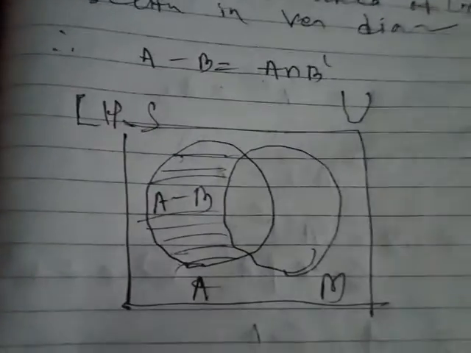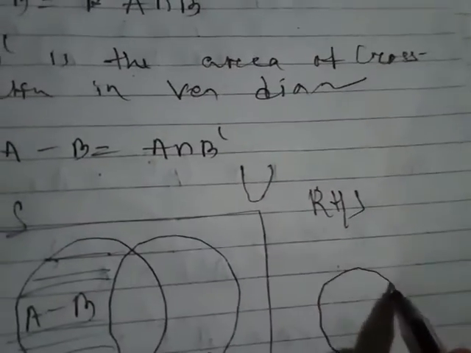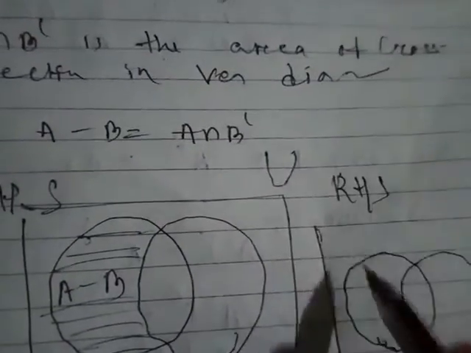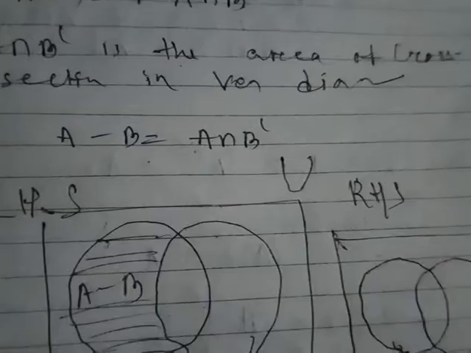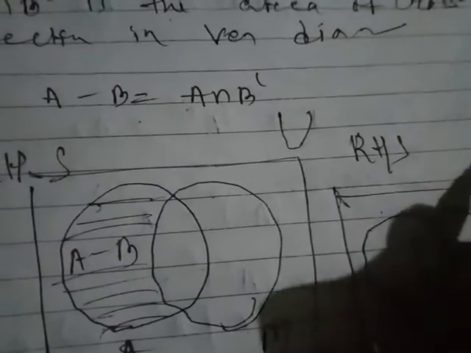Okay. Now let us move to RHS. You write RHS. This is the set A. This is the set B. Set A and set B, universal set.